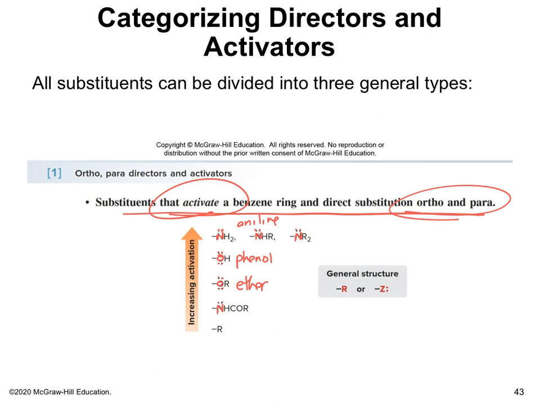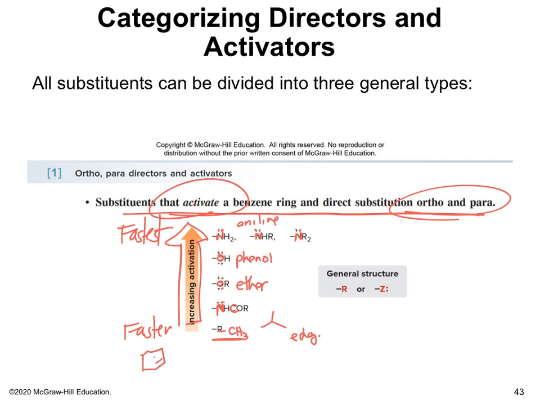This is a reversed amide, so that's an amide, but notice the nitrogen is the one that's bonded to the ring, and R is just a methyl group or any kind of alkyl group, and those are electron donating groups. And when they say they increase the activation, that means these are going to be fastest compared to benzene. This is still faster than benzene, but notice that phenols are going to react faster than toluene.